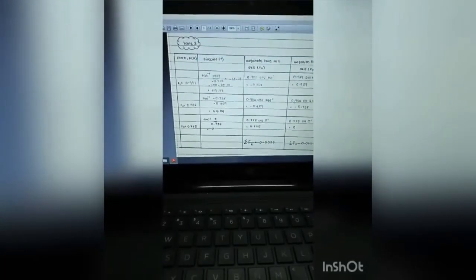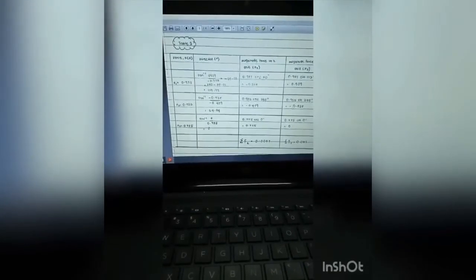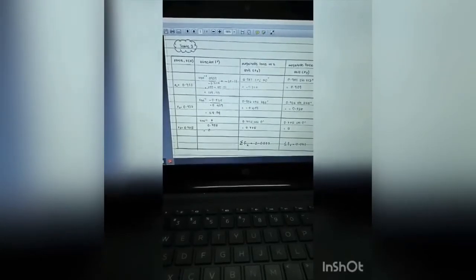For F2 we get 0.932 Newton, the direction is 94.74, and the force on the X axis is negative 0.409, and on Y it is negative 0.838.